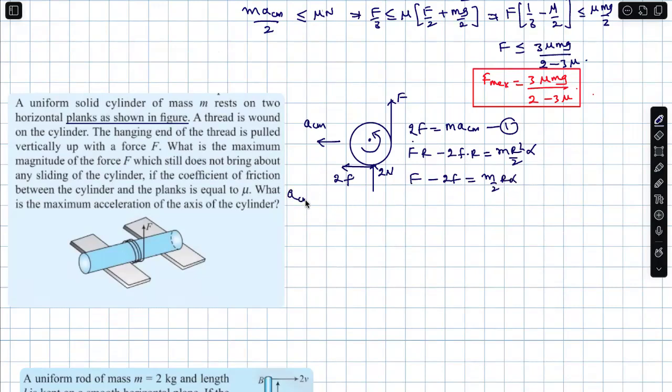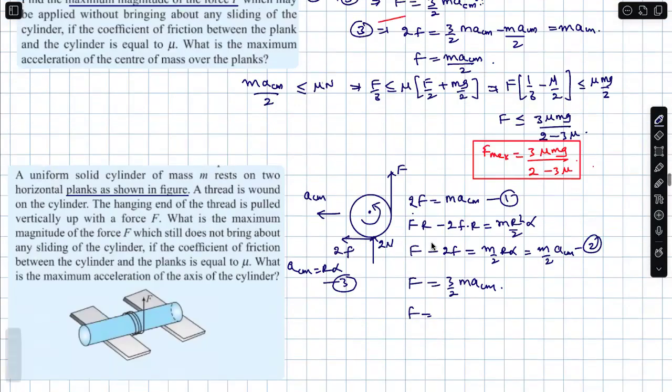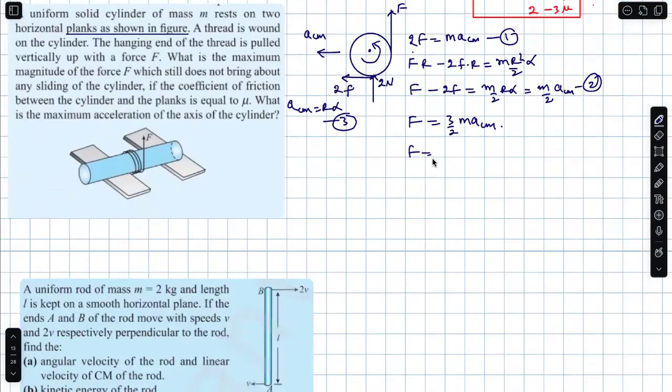Here ACM is equal to R alpha for pure rolling, and therefore this is M by 2 ACM, equation 3. So with this, F is again 3/2 MACM. Everything is the same. The only difference is the normal reaction part. So the moment I use this, what you will get is the same F, MACM by 2.